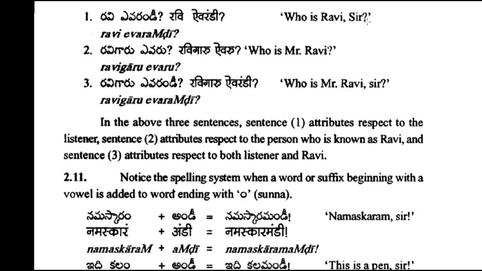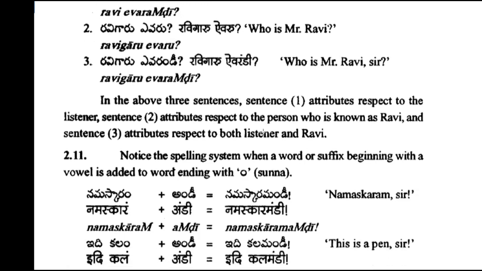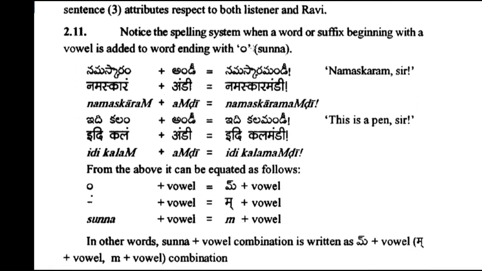The next one is, notice the spelling system. When a word or suffix beginning with a vowel is added to a word ending with sunna, it looks like O, but in Telugu it is sunna.